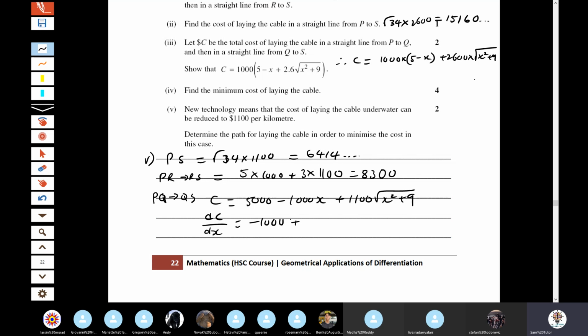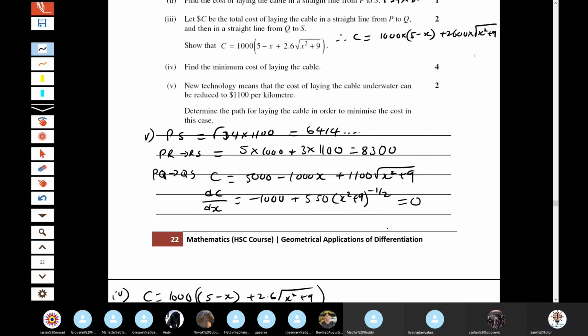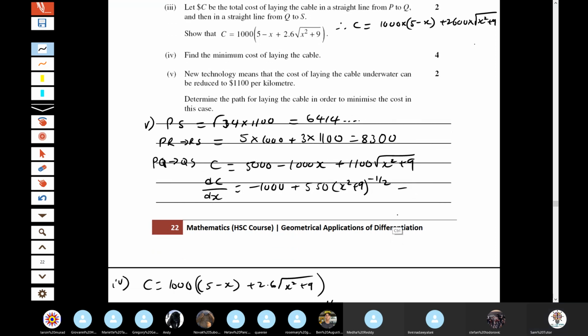Negative 1,000 plus half times 1,100, which is 550, times x squared plus 9 to the negative half, times 2x, equals 0.